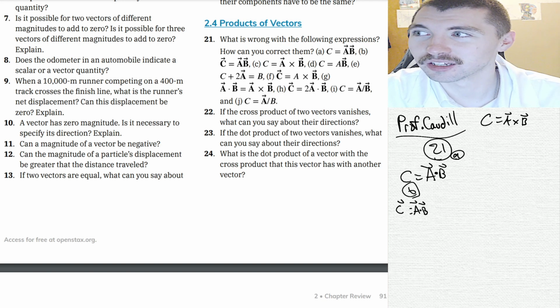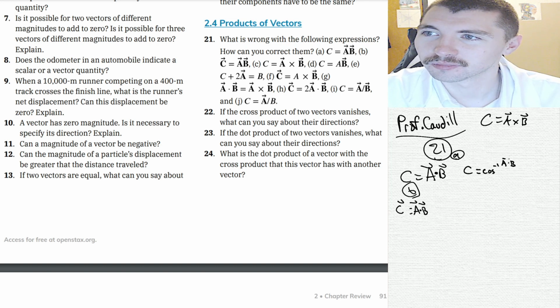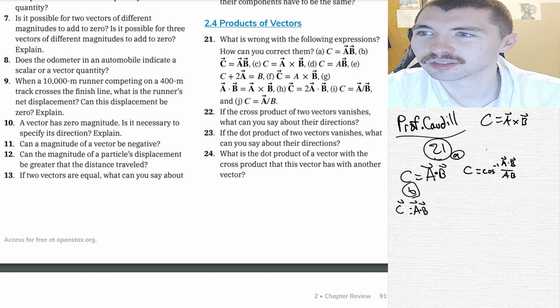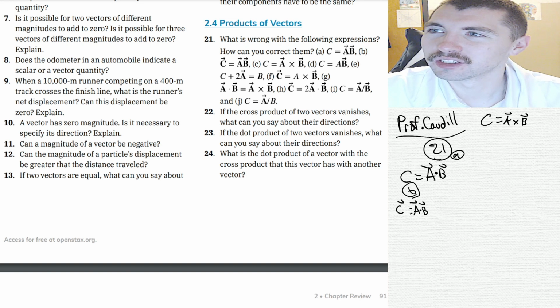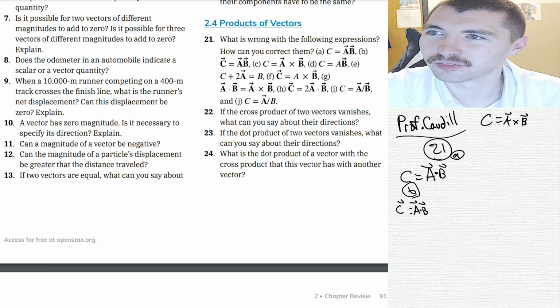But if the book's implying that there's a third vector, C might be like the angle of that. Yeah, so these questions are very vague. When you take a cross product, you're going to get a vector. So this is not a vector.